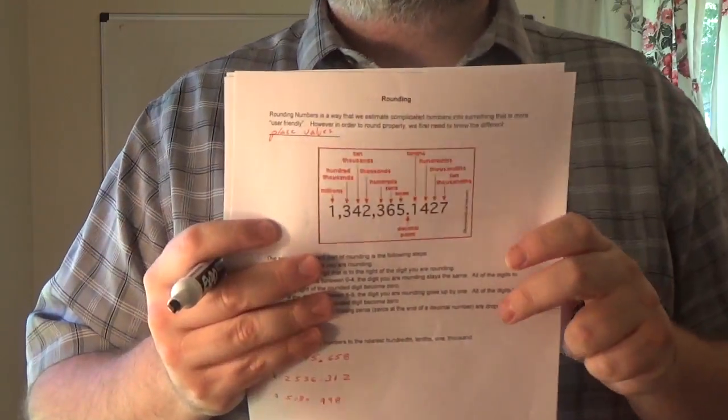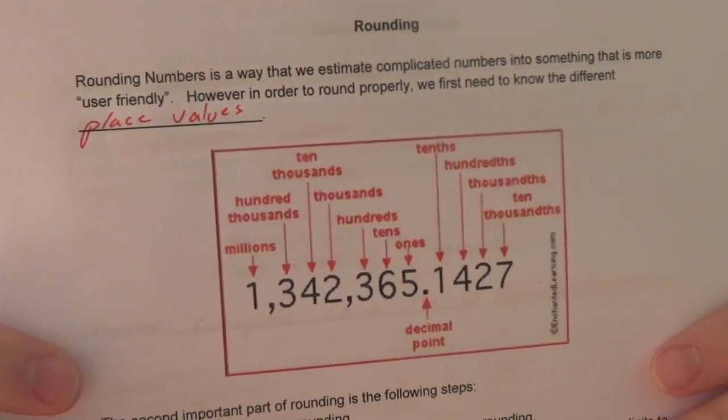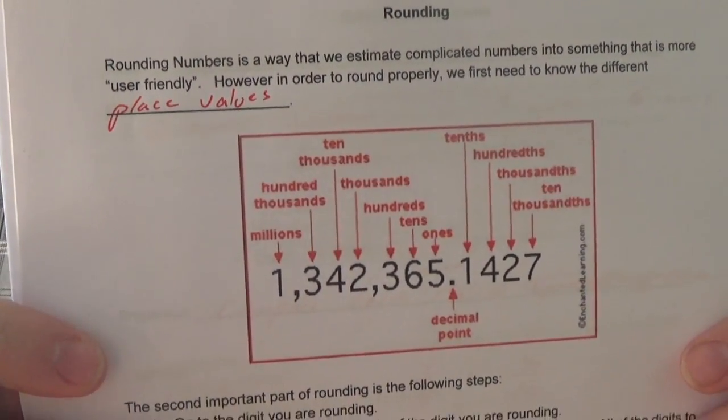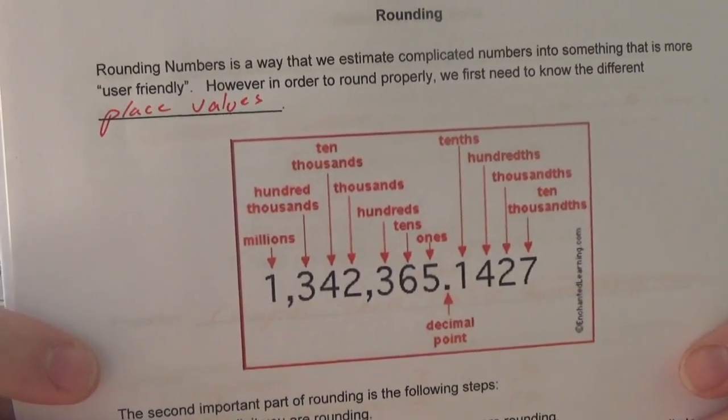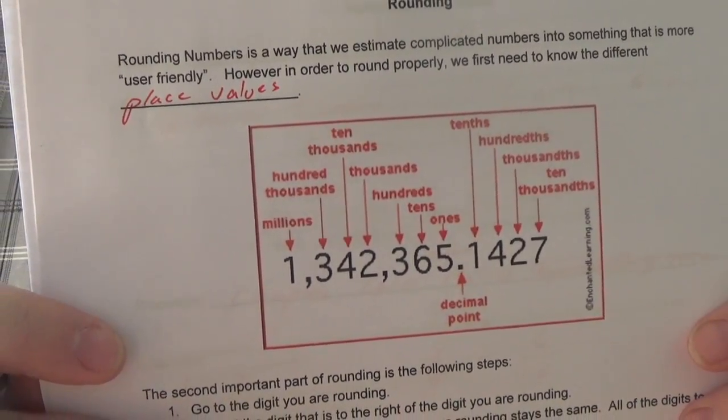Now, I've provided you a little chart with a set of numbers here, and this set of numbers gives us different place values, all right, as you can see. And so I want you to look at them. Well, we have millions, thousands, hundred thousands, hundreds, tens, ones, tenths, hundredths, okay, and so forth and so on.